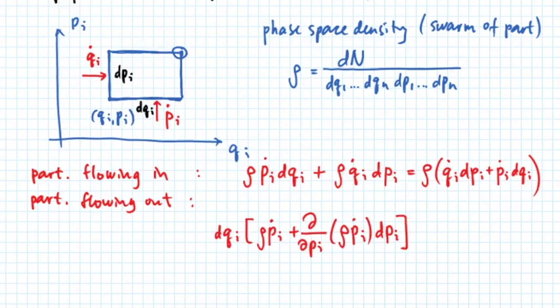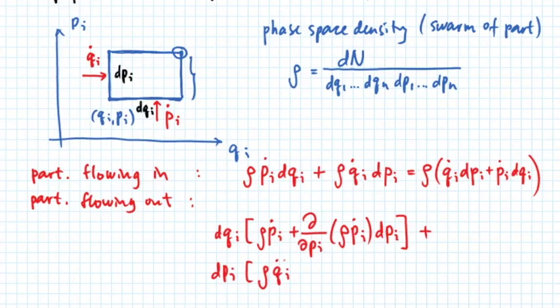Now, as far as the right side, we'll have the second term, dp sub i, and again, we will have rho times q dot sub i, but that's not, again, the true value.